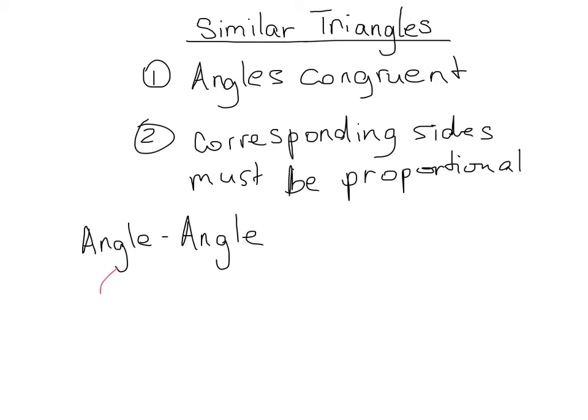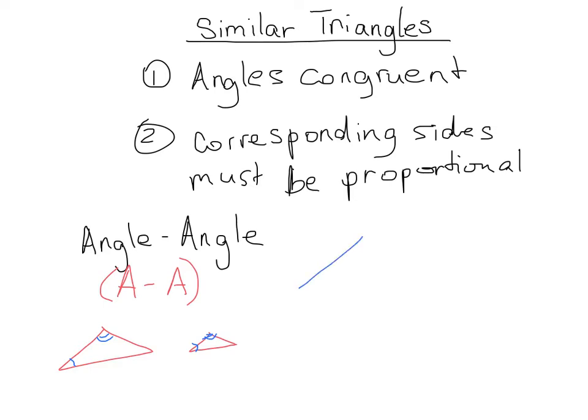So for short, the AA postulate. If you have two triangles, and we know that we have two pairs of congruent angles, that alone is enough for us to tell that our triangles are similar.